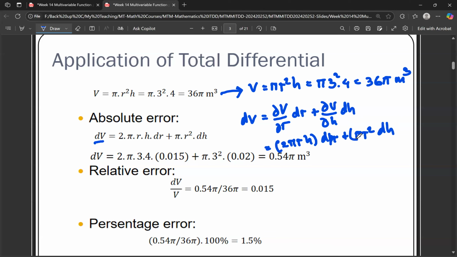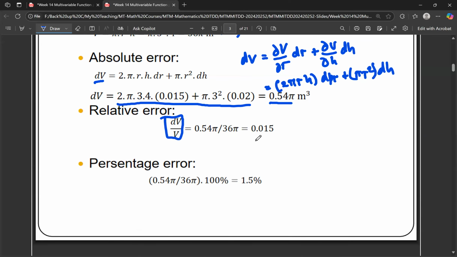So we replace the values of r, h, dr, dh we have here, and the result is 1.54 pi, and the relative error is 1.54 pi divided by 36 pi. So we have this one, and then we have the percentage as follows.